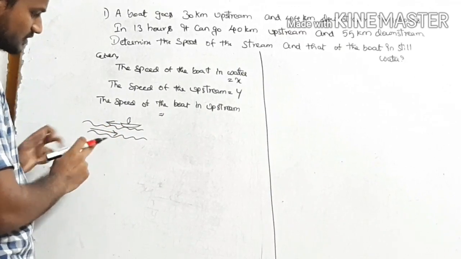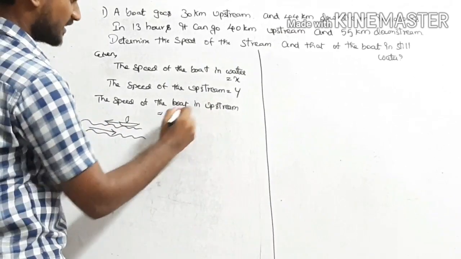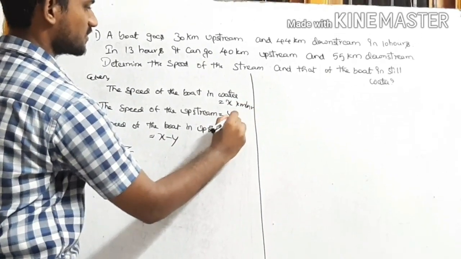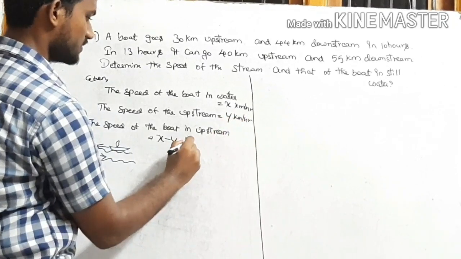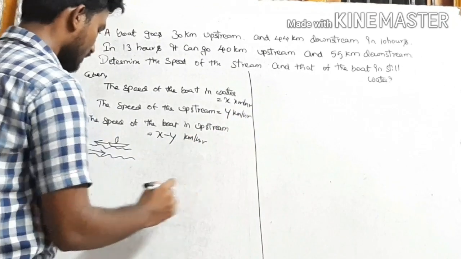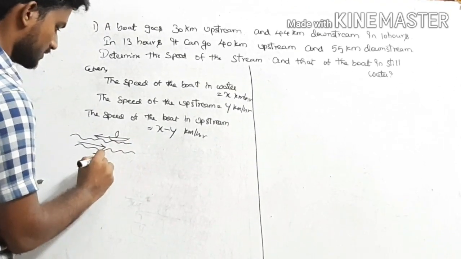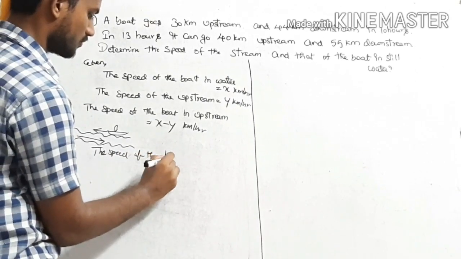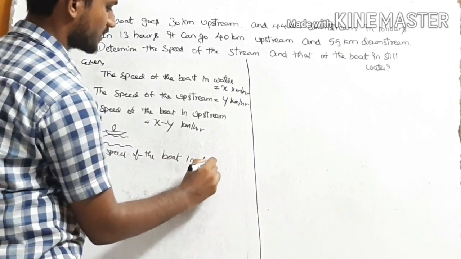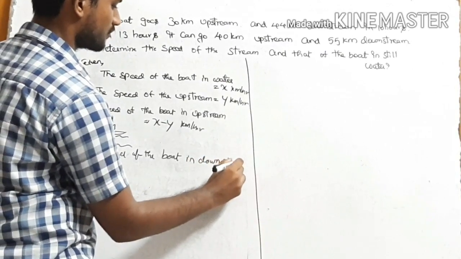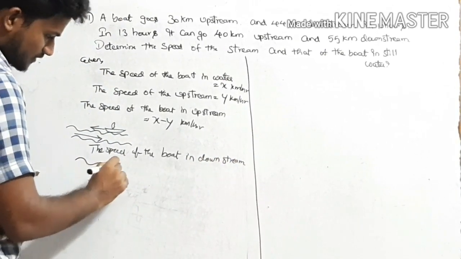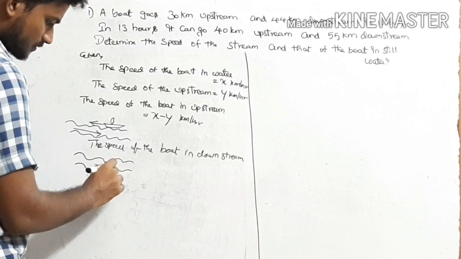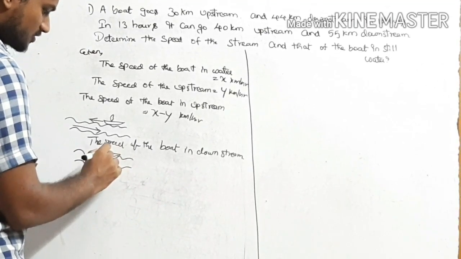Then the speed is reduced by the stream, so we can write it as x minus y kilometers per hour. Then the speed of the boat in downstream: the stream is going like this, and the boat is also going this way.